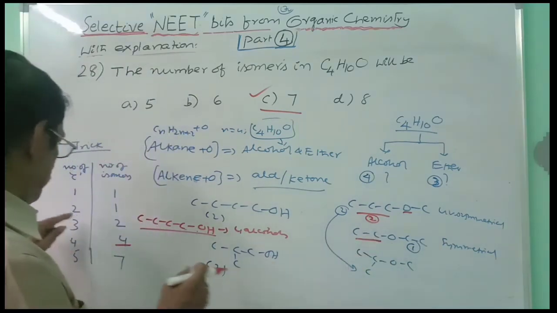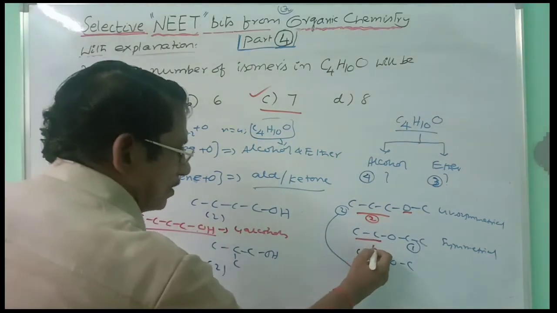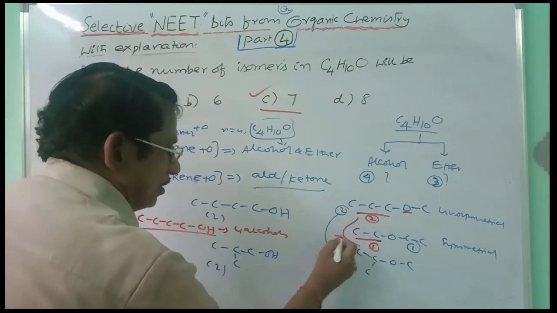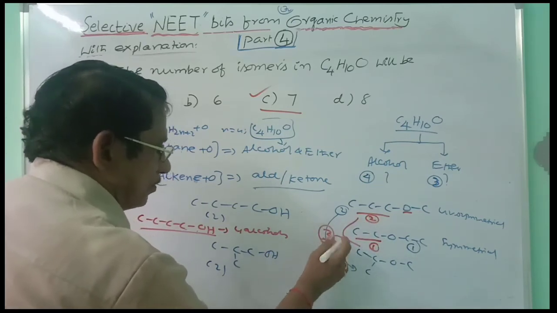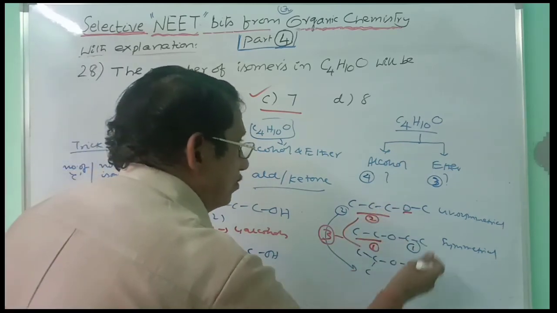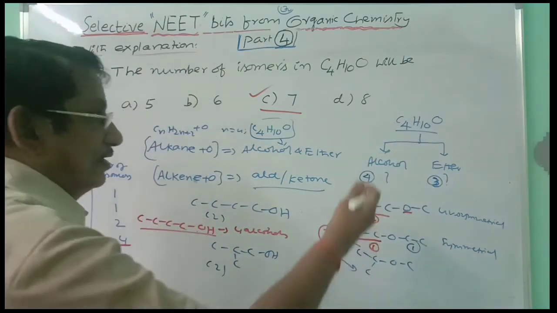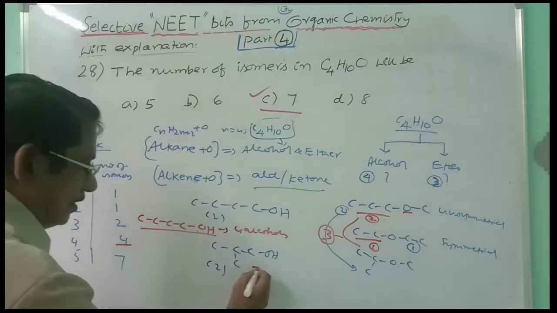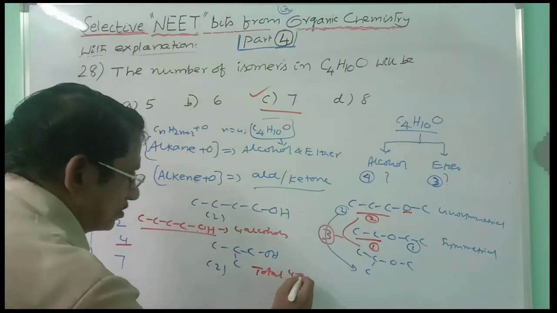When there are 2 carbons, how many isomers are possible? Only 1. So 2 plus 1 is equal to 3. Total is equal to 3 isomers for ether and 4 isomers for alcohol. Total 4 plus 3 is equal to 7.